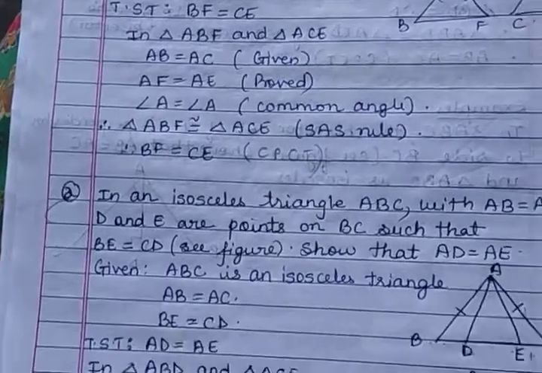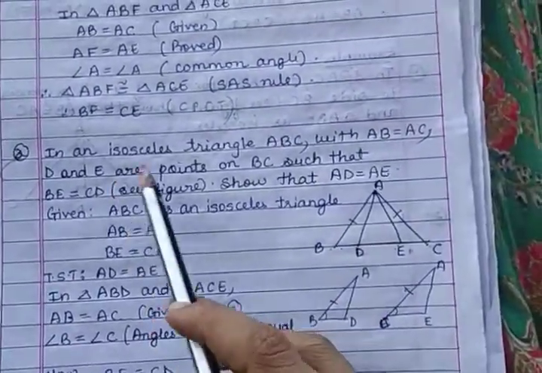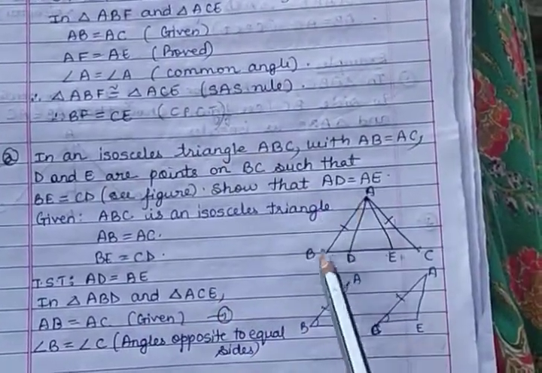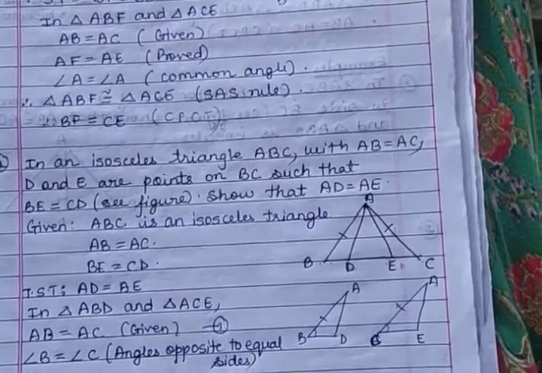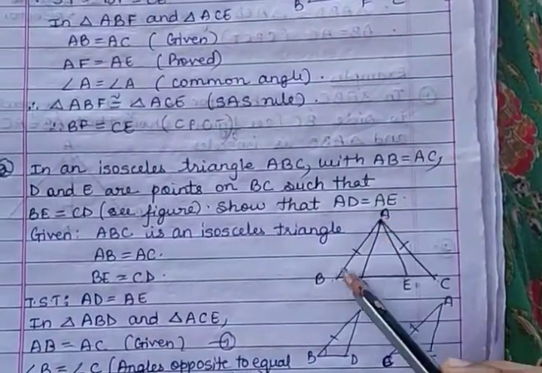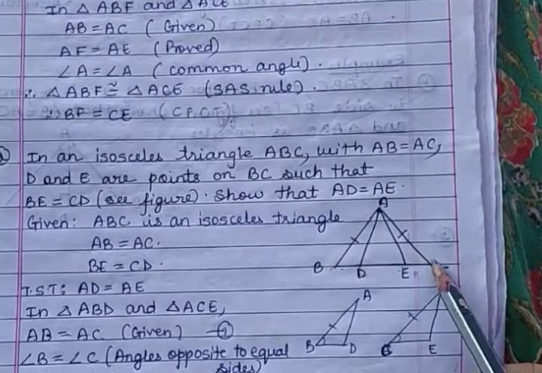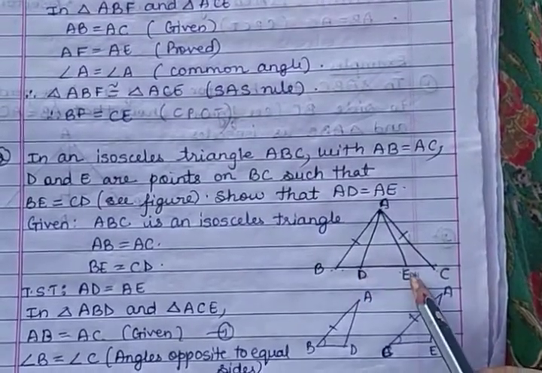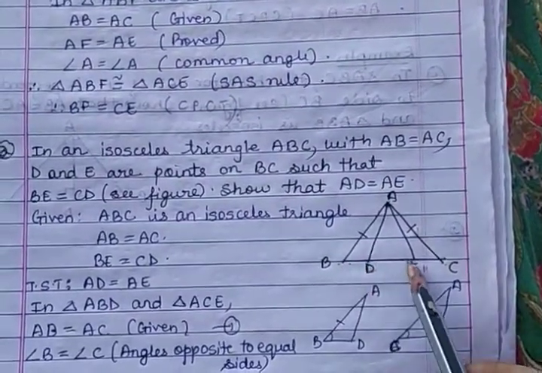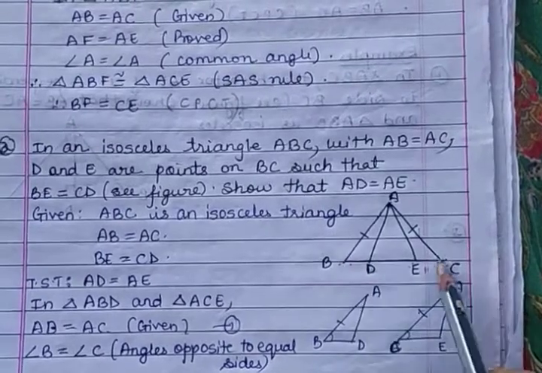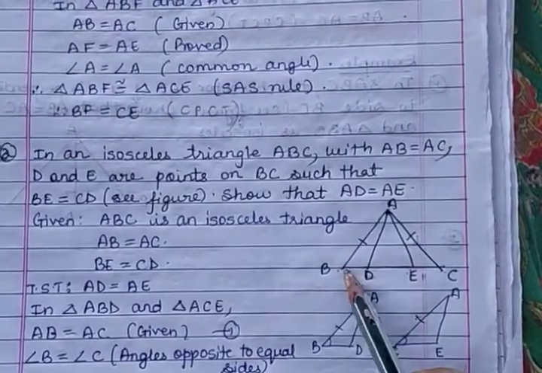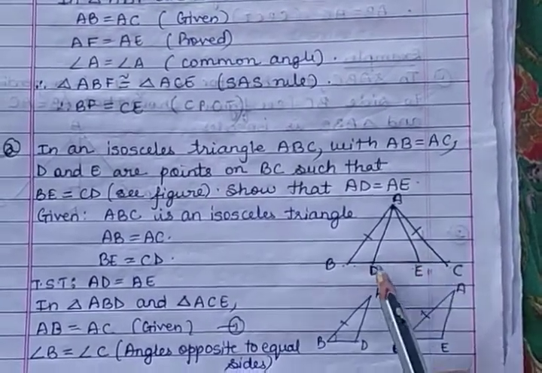Now let us take another example. You have an isosceles triangle ABC where AB is equal to AC, and D and E are points on BC such that BE is equal to CD.